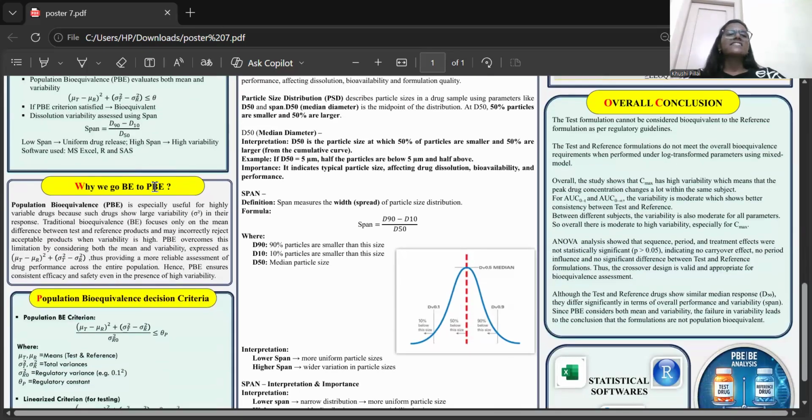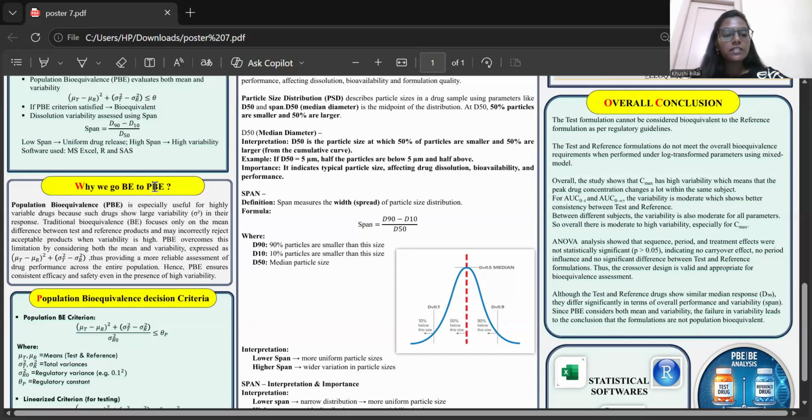And now the question arises, why do we go from BE to PBE? Population bioequivalence is especially useful for highly variable drugs. Such drugs show large variability, sigma square, in their response. Traditional bioequivalence focuses only on the mean difference between test and reference products, and may incorrectly reject acceptable products when variability is extremely high.